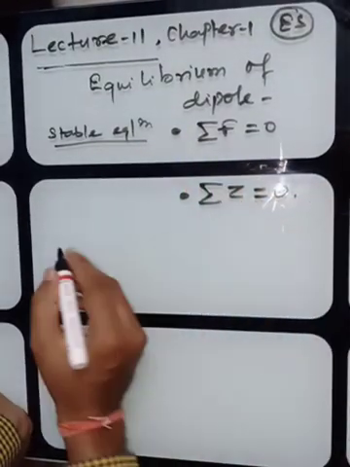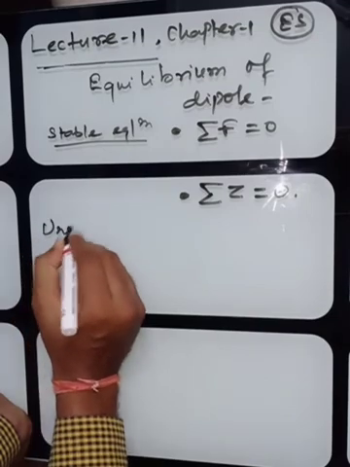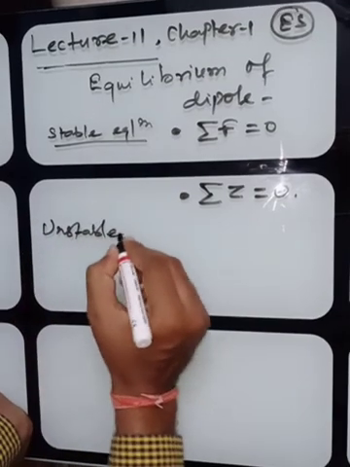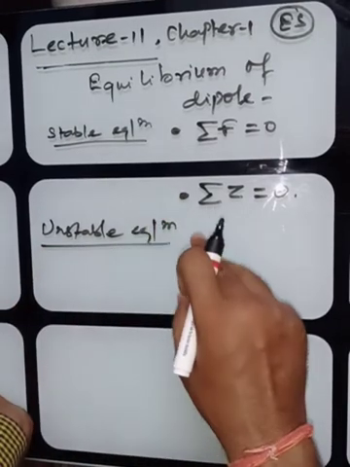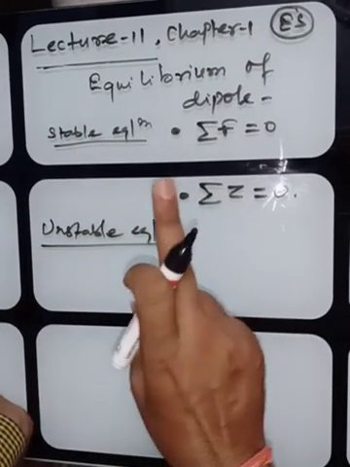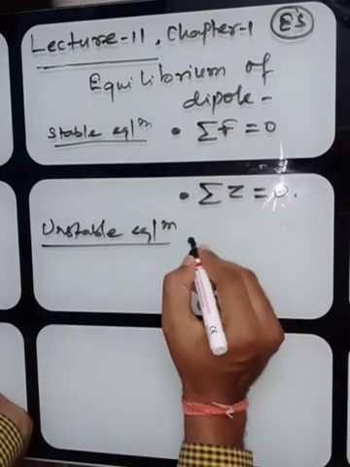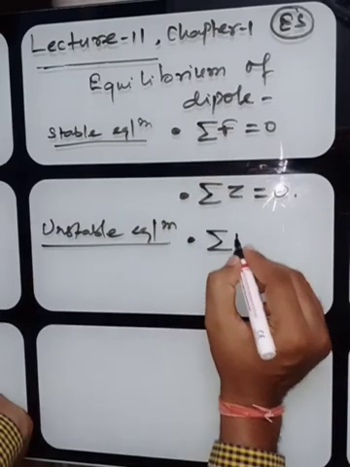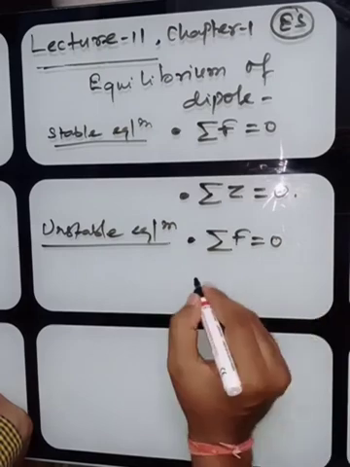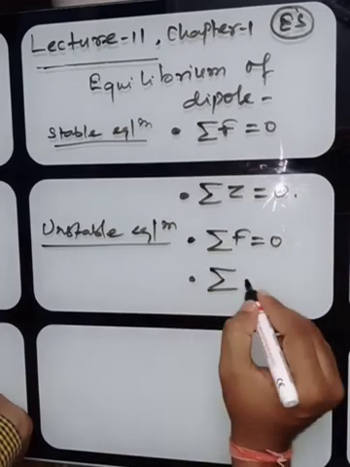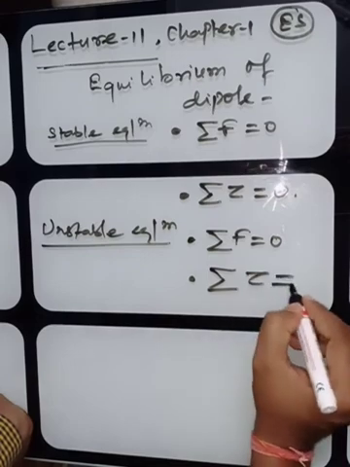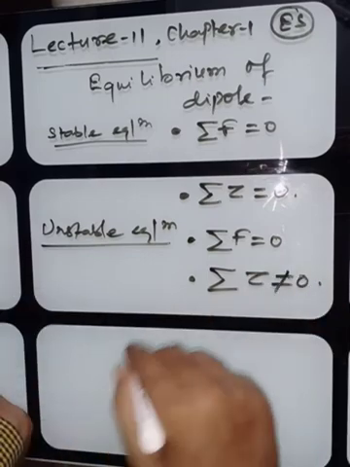Now, in unstable equilibrium, try to remember, the net force must be 0, but the net torque will not be equal to 0.